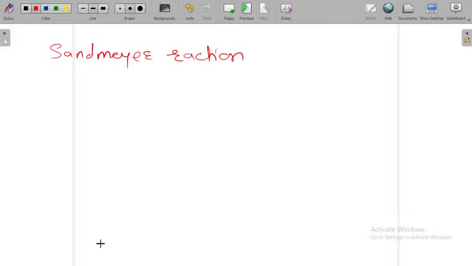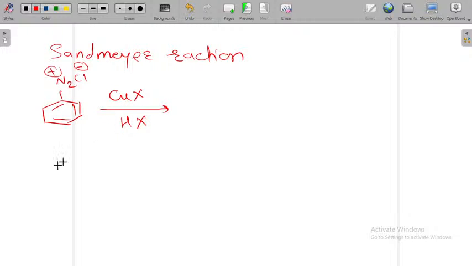Sandmeyer reaction is nothing but this: when benzene diazonium chloride, N2 plus Cl minus, is reacted with copper halide in presence of HX, it produces halobenzene.